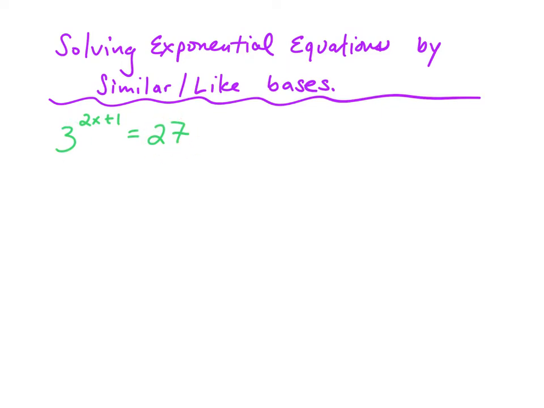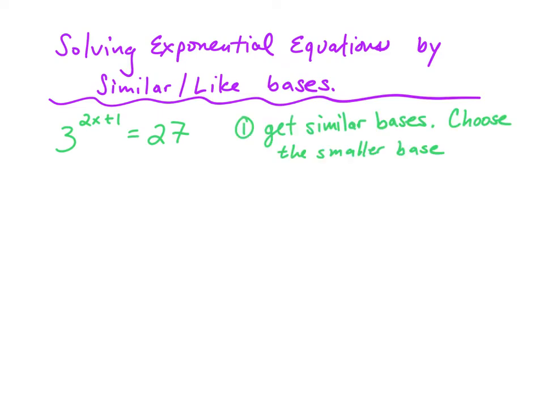Now here's a pro tip: choose the smaller base. When I was saying you want to change 3 to 27, no. You want to change the 27 to base 3, yes. That makes it so much simpler. So we always want to choose the smaller base.